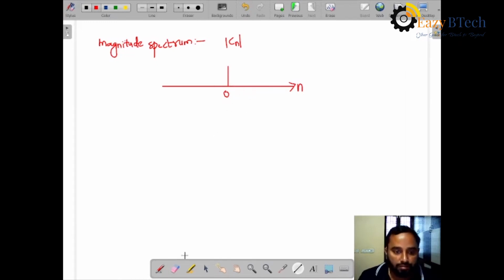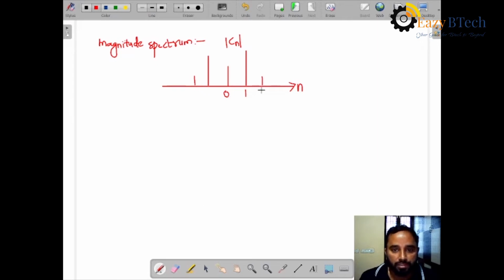Next at 1, C1 value. What is the magnitude of C1 value? Root 5 by 2. So take that at 1, root 5 by 2. Similarly at minus 1 also same root 5 by 2. And C2 is 1 by 2, and C minus 2 also 1 by 2.